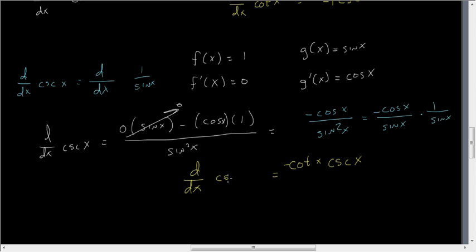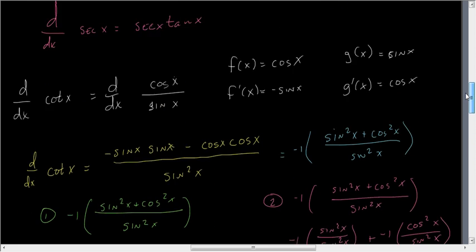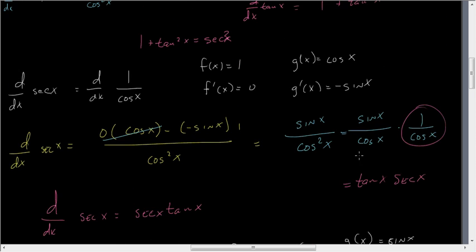The derivative of secant turned out to be tangent secant, or secant tangent. And so you flip the co. So if you're looking for the derivative of secant, it's secant tangent. If you're looking for the derivative of cosecant, it's cosecant cotangent with a negative sign. And so those are some memorizing tricks.